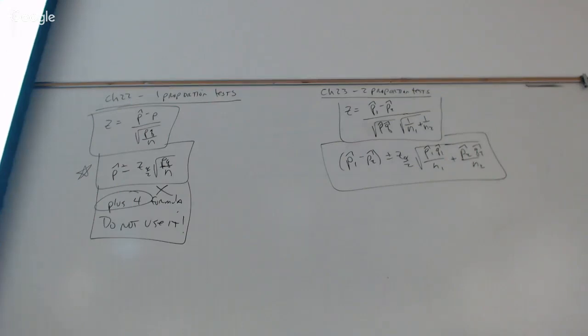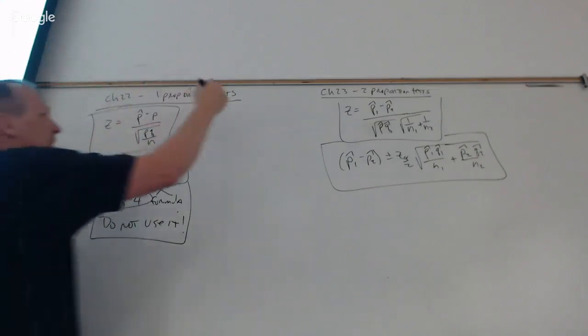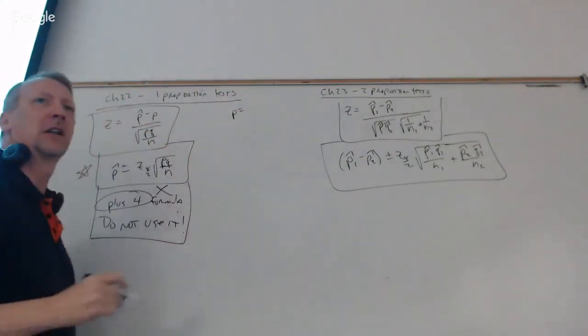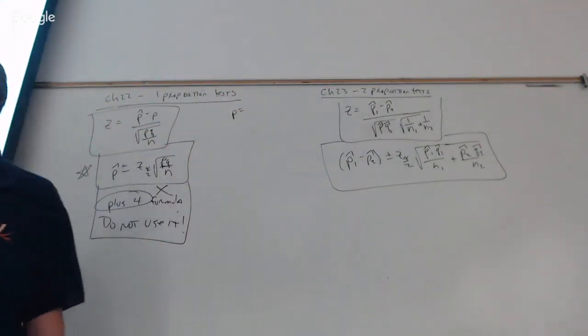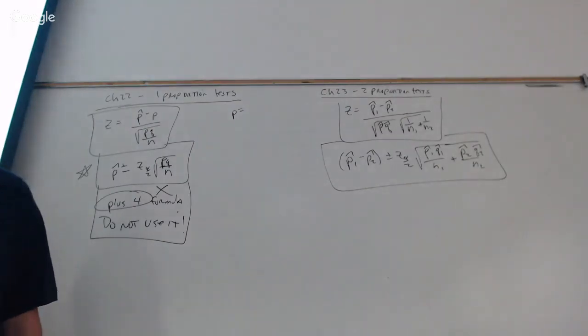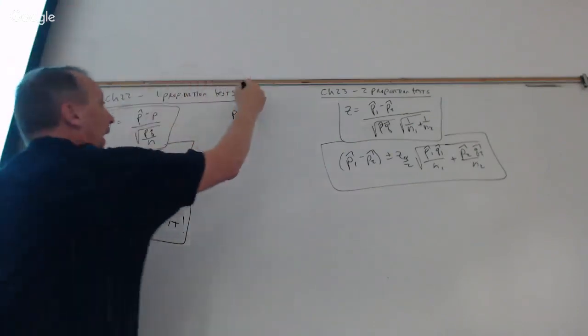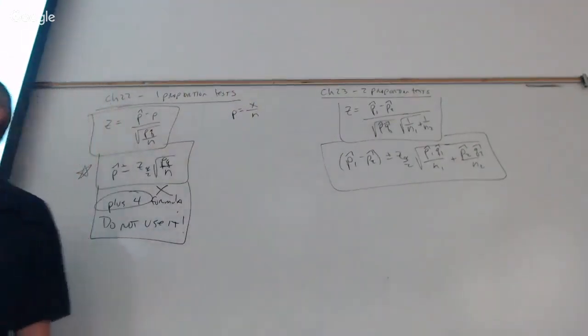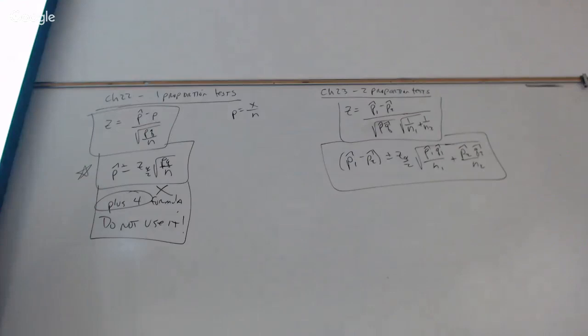Basically, the difference is, do you guys remember what p is? What's the formula? Yeah, it's the proportion. It is x over n. You know what they do with this? I have no idea why, because it's dumb, especially if you have a huge sample size.